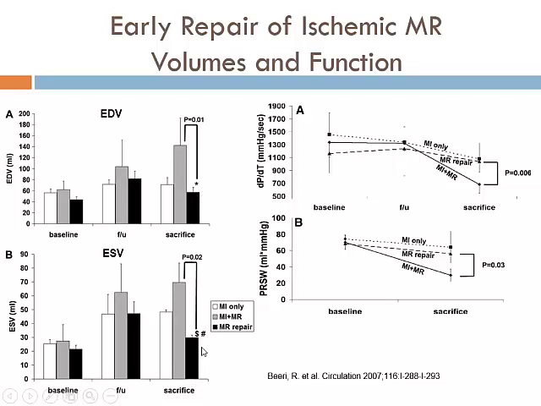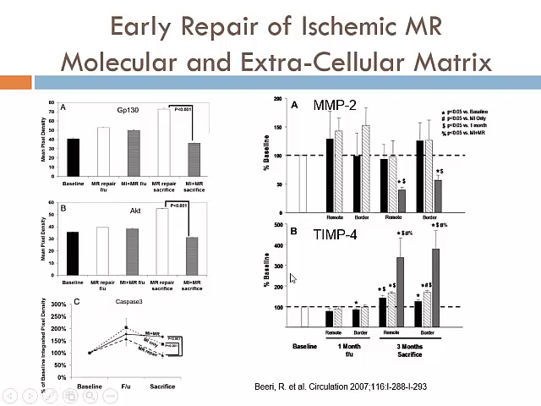The volumes were reduced, and this also translated into better contractility, quite similar to those animals that had only myocardial infarction, but significantly different from those animals in which we left the mitral regurgitation open.